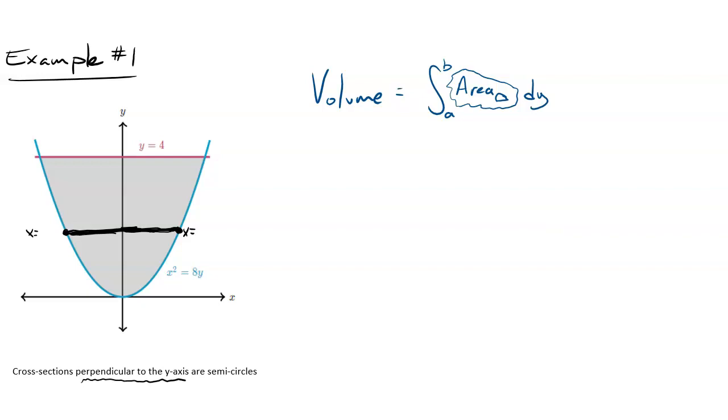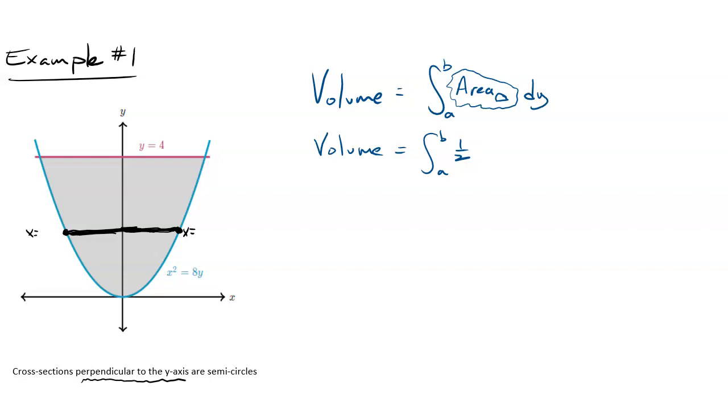Before I start worrying about it, I should figure out what I even need to find. Now that I drew that line, I'm realizing I didn't need to draw that whole line. That's just me doing it out of habit. So the area of a semicircle is 1/2 pi r squared. You know what?